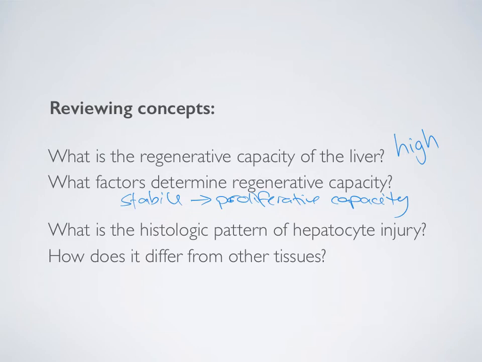And then, thinking back to when we talked about patterns of injury of cells, what do hepatocytes look like when they're injured? What do you expect to see? So you might see inflammatory cells if there's an inciting factor, but what if it's ischemia or a drug causing injury?